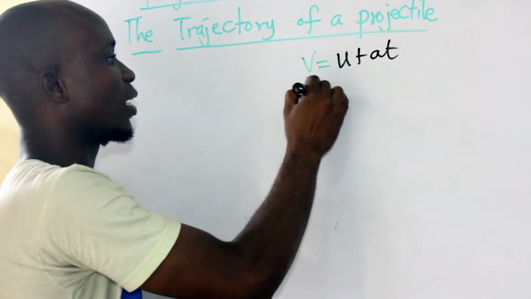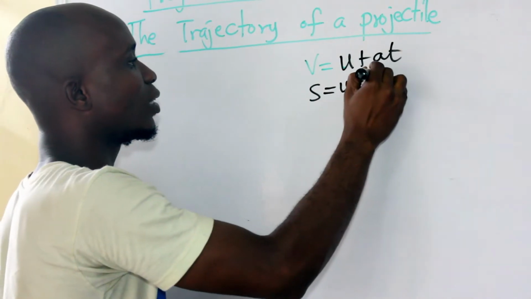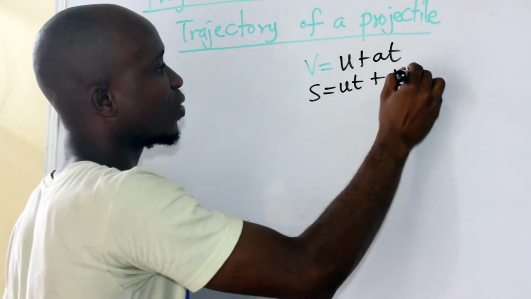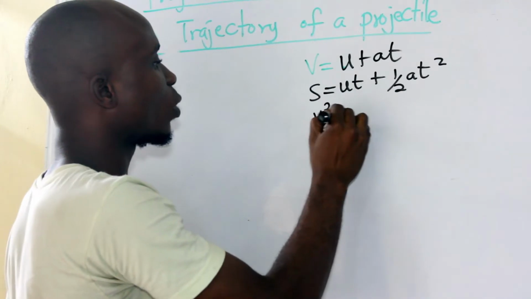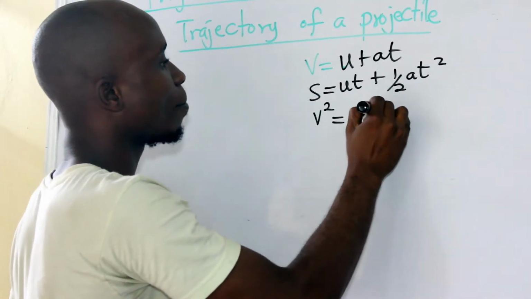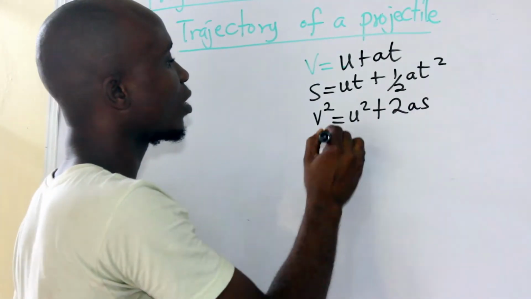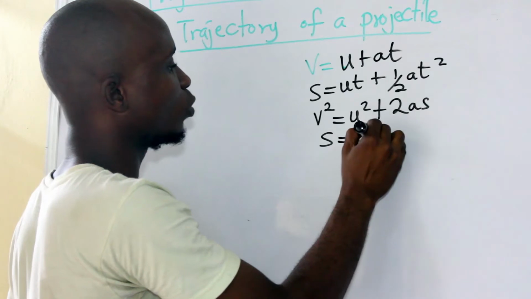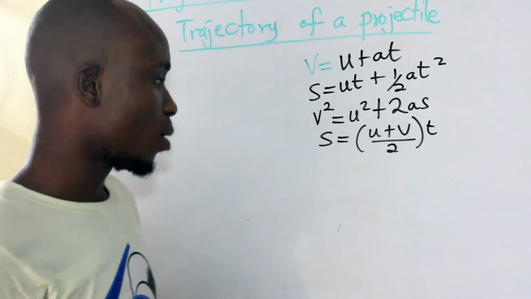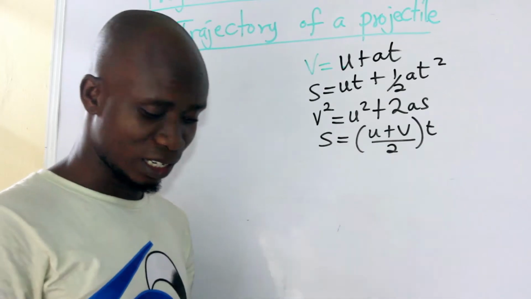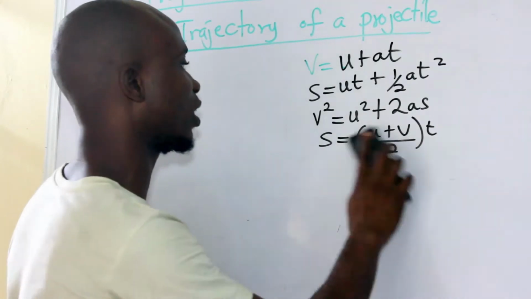We also have that S equals UT plus half AT squared, and we have V squared equals U squared plus 2AS. We also have S equals (U plus V) over 2 times T. But for this class, we're not going to be needing the last equation, so let me just take it off.